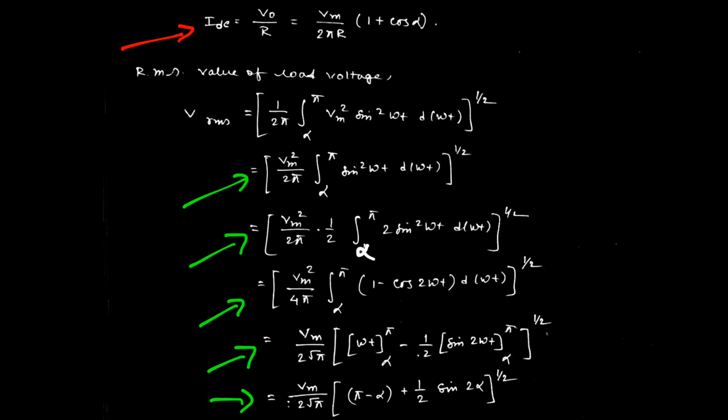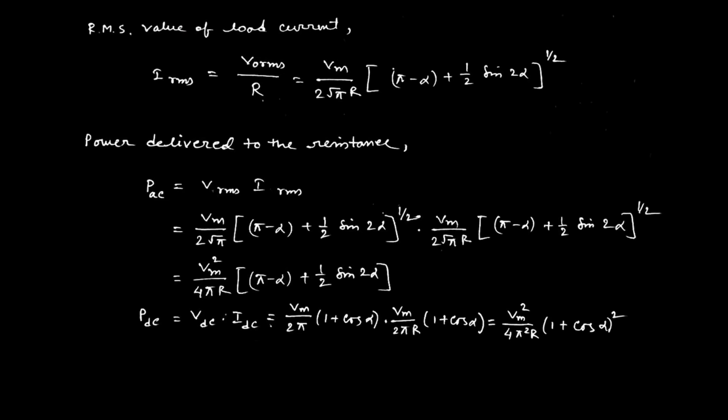Now, in case of the RMS value of the load current, we can say I RMS equals V RMS by R, that is Vm by 2 pi R, and the remaining parts are the same: pi minus alpha plus 1 by 2 sin 2 alpha under root.